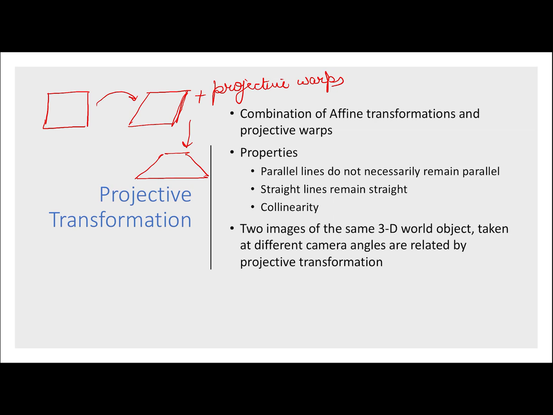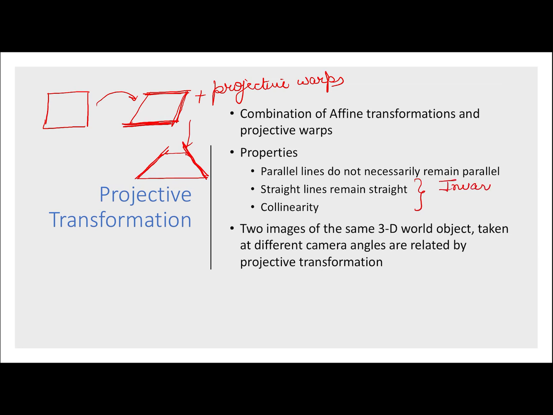Some properties of projective image transformation are: unlike affine transformation where parallel lines remain parallel, in this particular case, parallel lines may not necessarily remain parallel and they may intersect at some point.